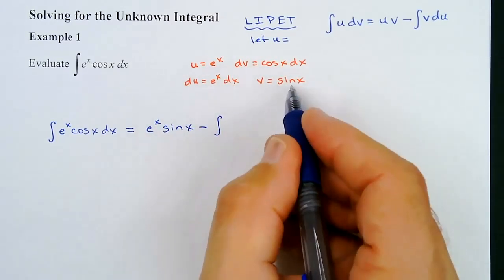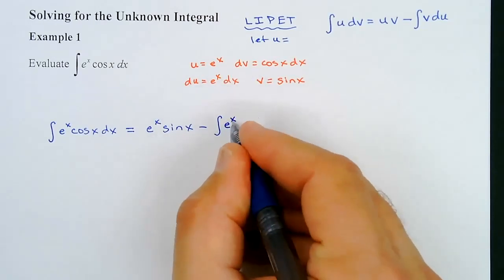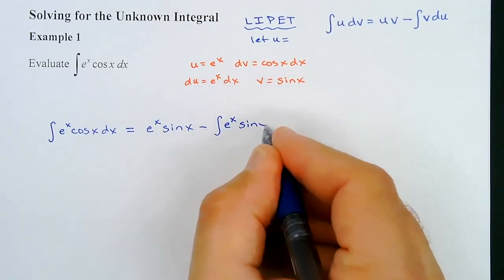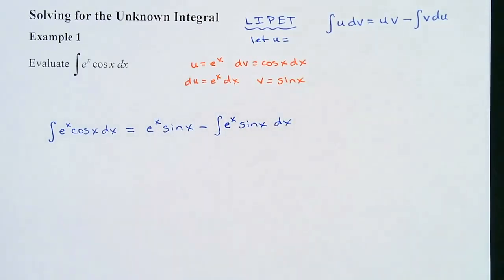So that'd be sine x times e to the x dx, or I'm going to write the order as e to the x sine of x dx. Okay, so if you notice, we're kind of stuck again. How do you integrate e to the x sine x? We're stuck. So the idea behind this is we're going to do integration by parts again.